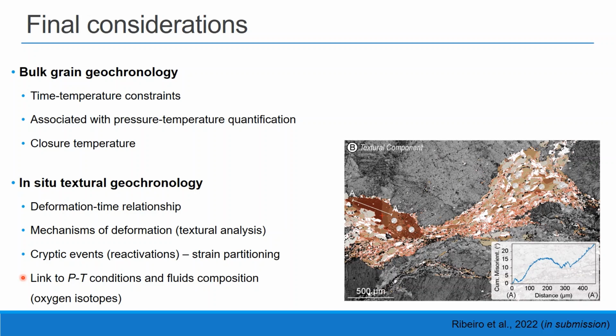So if you have micas like this and you have evidence that this is being enhanced by fluid, you can actually analyze these micas with oxygen isotopes, and then you can relate the age that we're getting from these fine-grain micas with oxygen isotopes, and then you can link fluid flow and deformation and ages at a certain time that you wouldn't be able to do if you didn't look at the fabric.